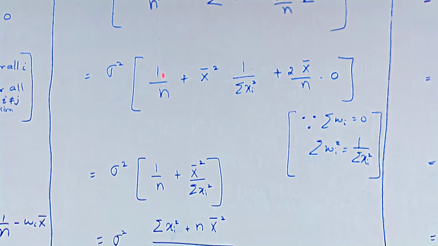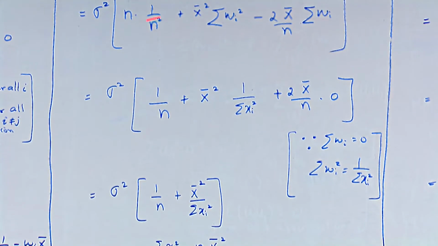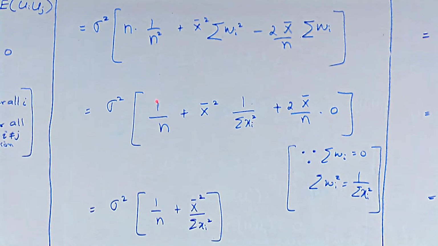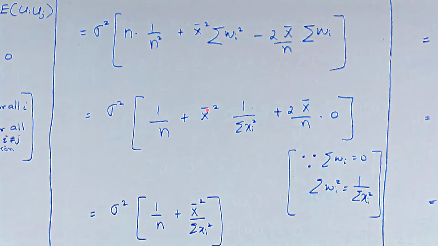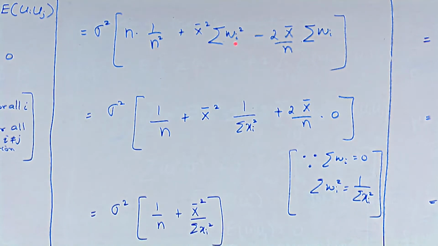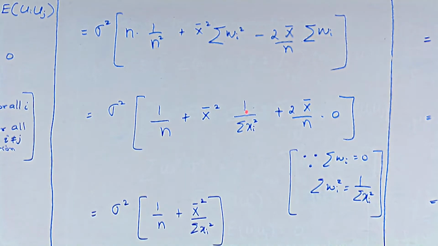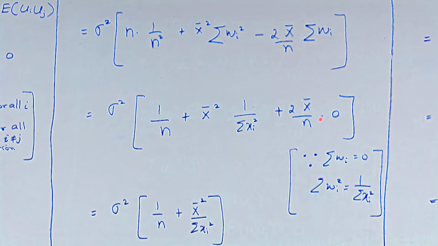we may cancel the first line, we may cancel these two, and so we get 1 by n plus sigma x bar whole square into, instead of sigma wi square, we may put 1 by sigma xi square, plus 2 into x bar by n into 0, because sigma wi is equal to 0.